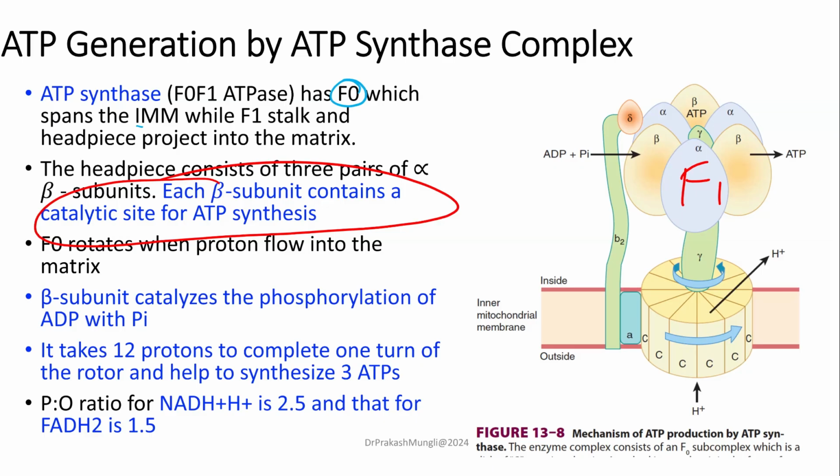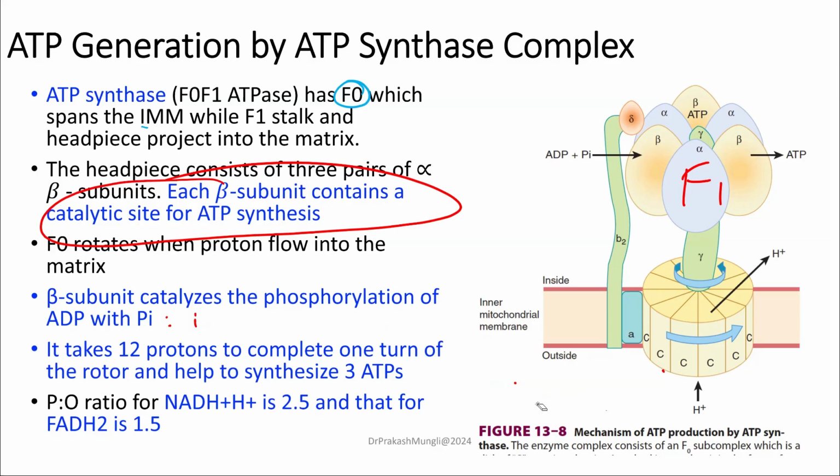For the complete turn to happen, like 100%, like 360 degrees, it takes 12 protons for one complete turn of the F0 subunit. That's my statement, what I have written there. It takes 12 protons for one complete turn of your F0 subunit, making a total of 3 ATPs. So one complete turn, 12 protons enter, and 3 ATPs you're going to make.